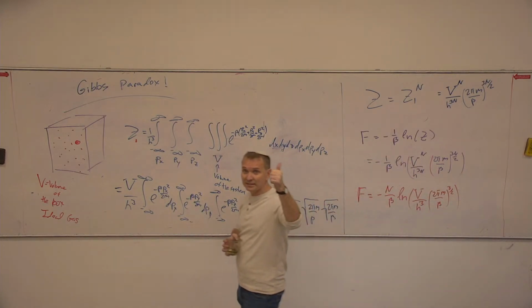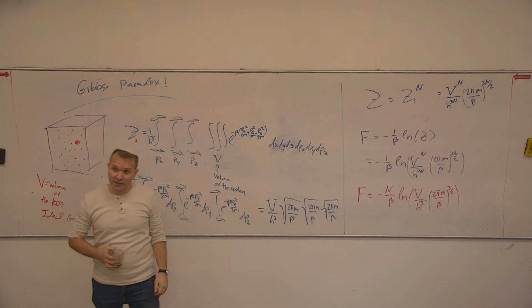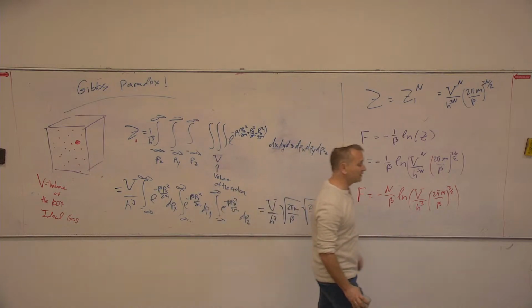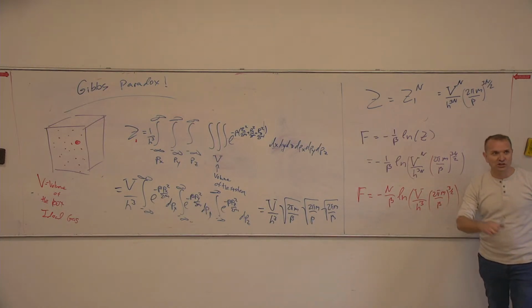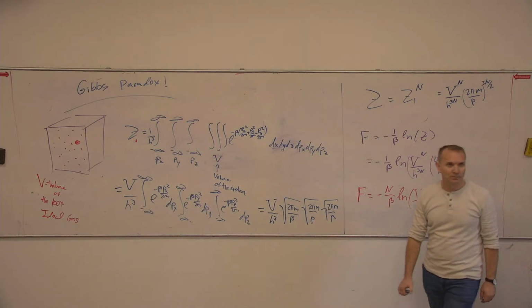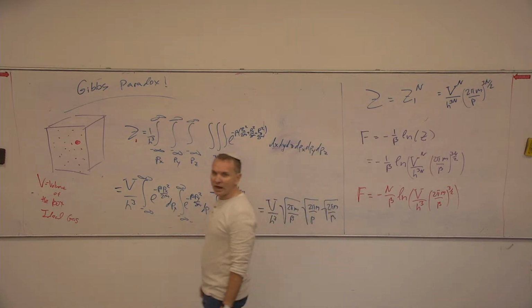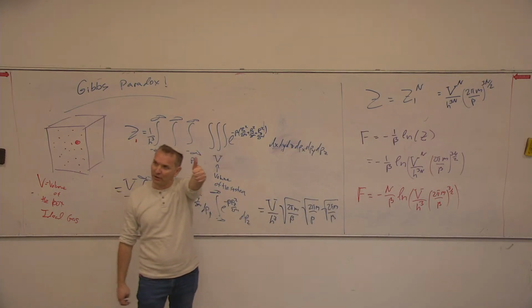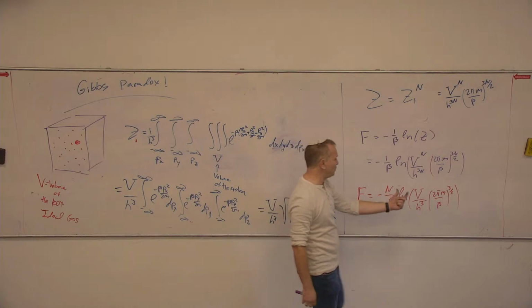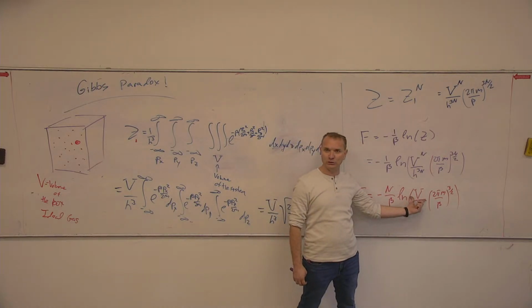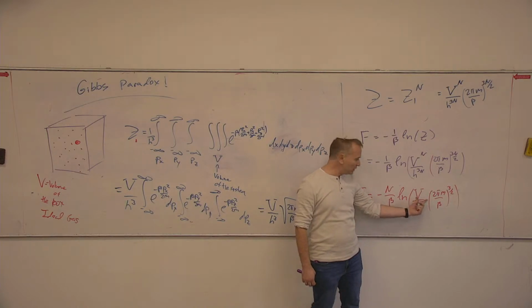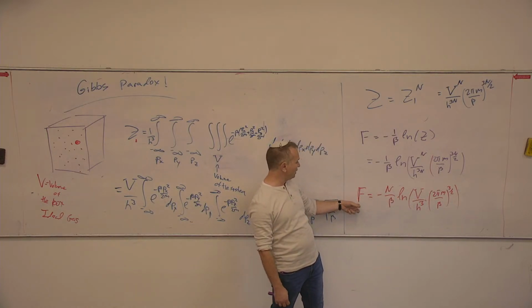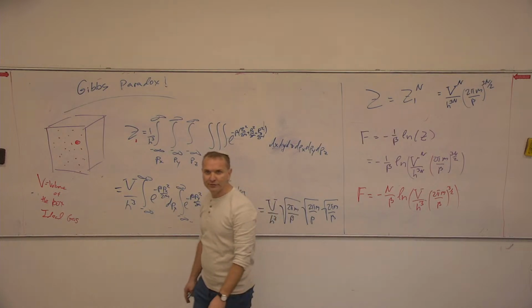Extensivity. Right? So if I increase my system by the size of 2, will the free energy grow by a factor of 2? I have to put 2n particles and I have to increase the volume also by 2. If I increase my volume by 2, will this also contribute to the extensivity of f?